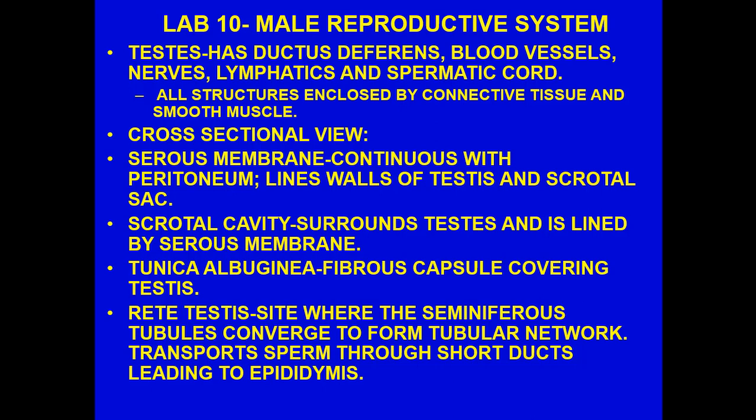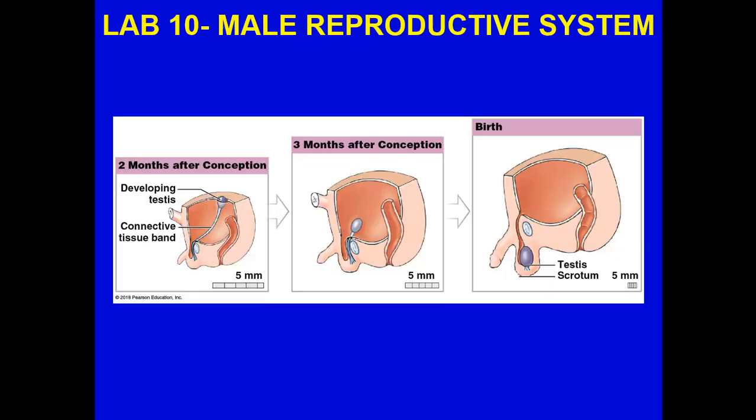Now, you're going to see also a site called the rete testis. This is a site where the seminiferous tubules converge. They will form sort of a short tubular network. This network transports sperm through short ducts leading to the epididymis, okay? And so you can see here, 2 months after conception, you have the developing testes.